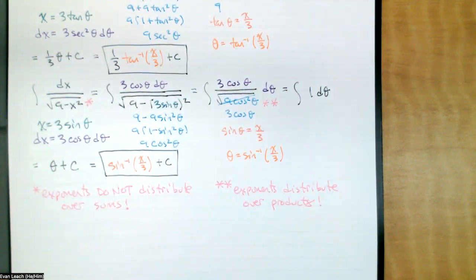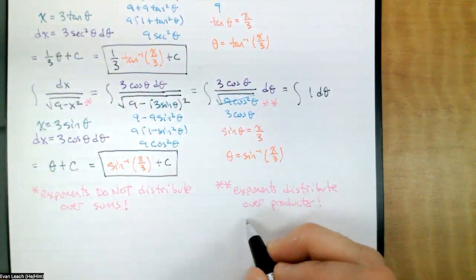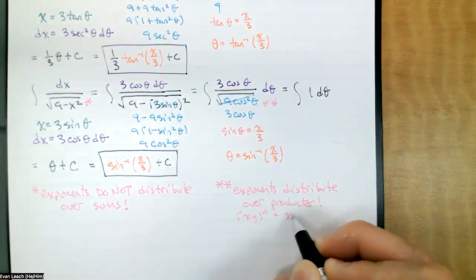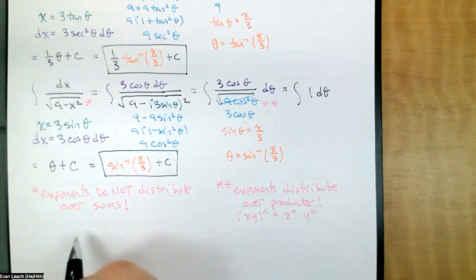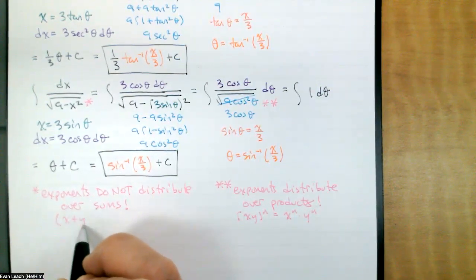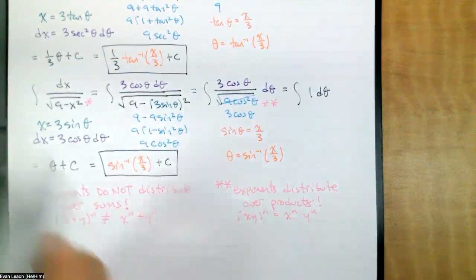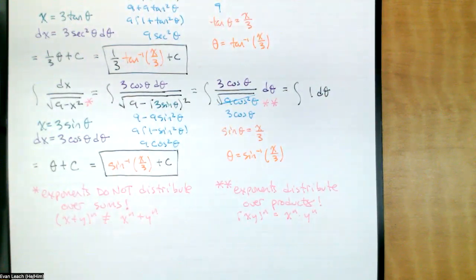There is a distributive property for exponents over products, but not over sums. And it's important that we recognize that that radical is a 1/2 exponent. If I have xy to the n, that's x to the n times y to the n. But x plus y to the n is not x to the n plus y to the n. That's why we can't simplify the square root of 9 minus x squared to 3 minus x. Exponents do not distribute over sums.